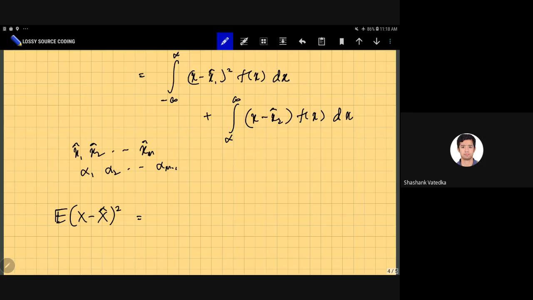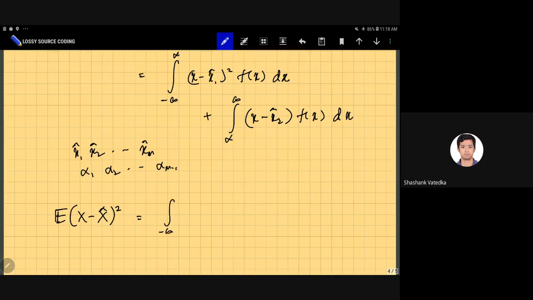So if x is between minus infinity and alpha 1, x hat is equal to x1 hat. If x is between alpha 1 and alpha 2, then x hat is equal to x2 hat, and so on. Right? So you'll split the integral into each interval.